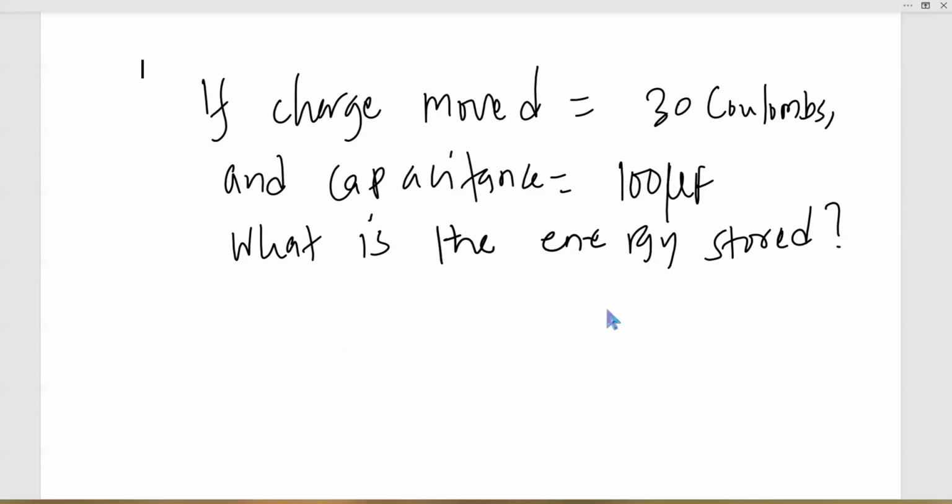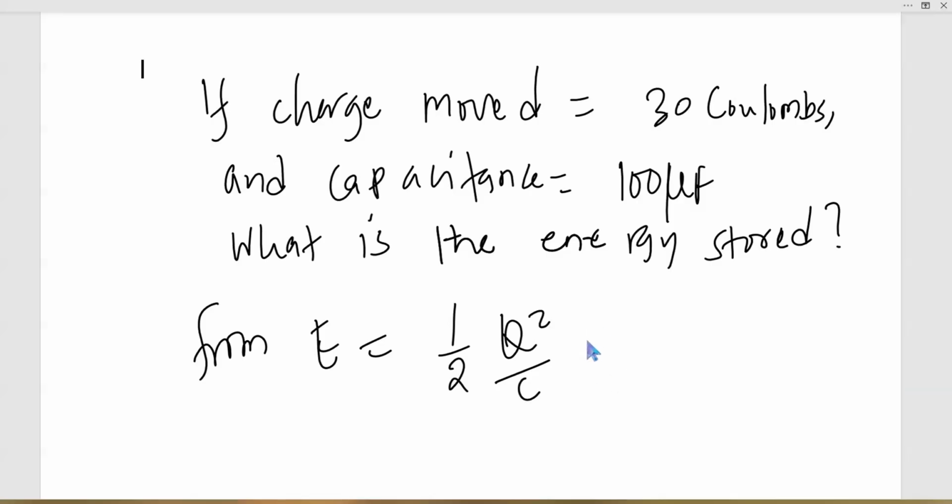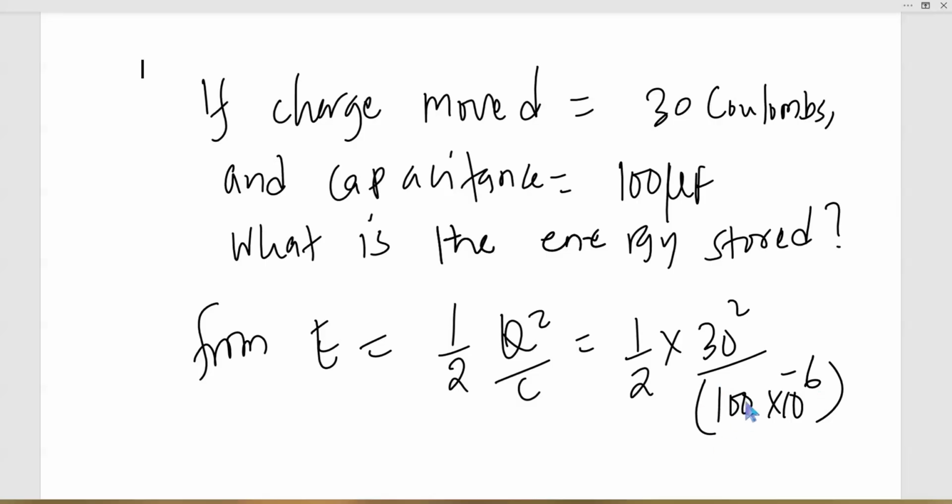So this means I'll just say from E equivalent to a half Q squared out of C. This is going to be a half times 30 coulombs squared divided by C, which is 100 times 10 power negative 6. So we'll have 30 squared divided by 2, then divided by 100 exponent negative 6.